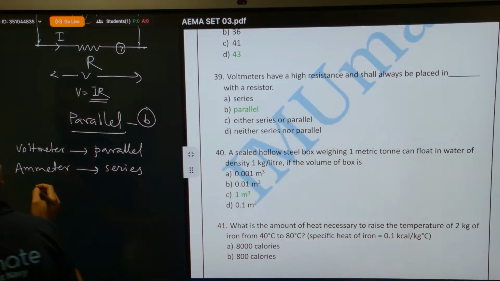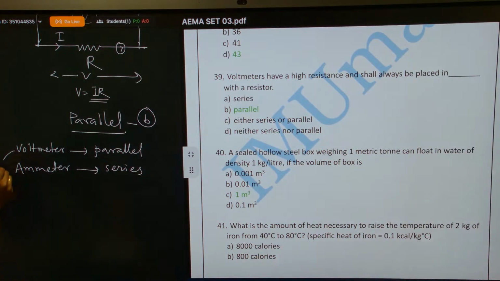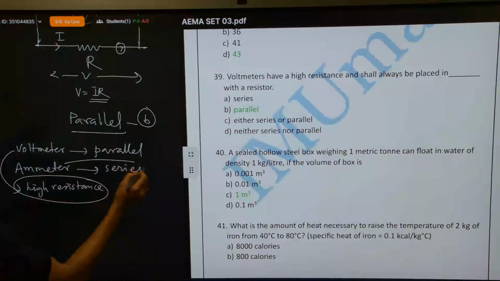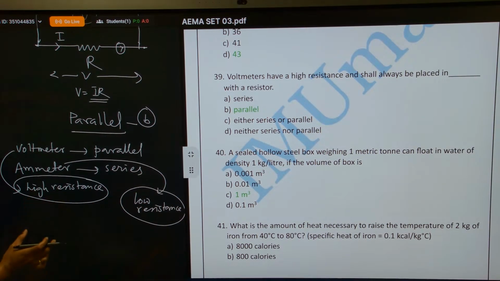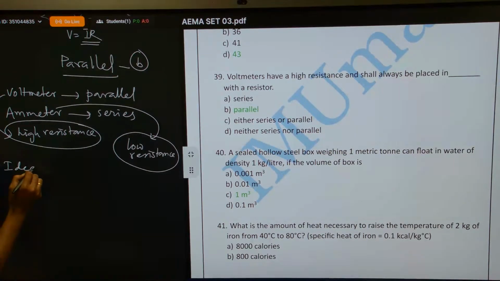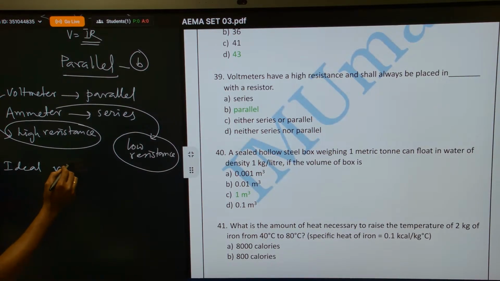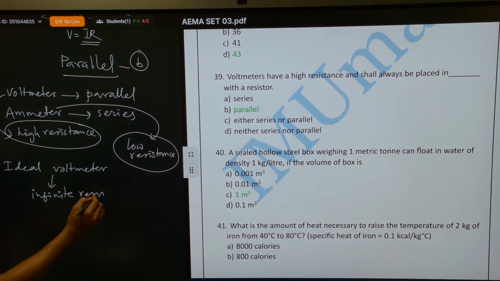Now do remember one thing. Generally, a voltmeter has high resistance. A voltmeter has very high resistance, while the ammeter has low resistance. Do remember this. And an ideal voltmeter, I should emphasize this, has infinite resistance.